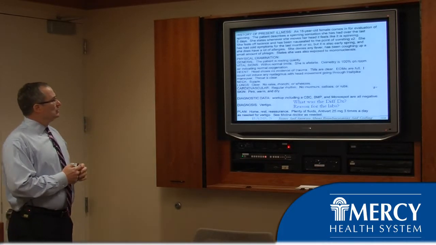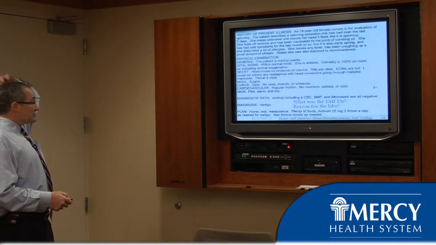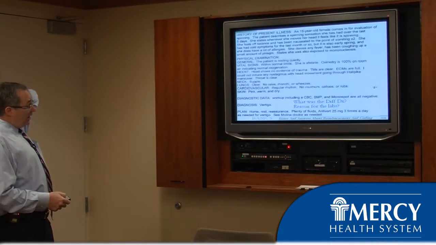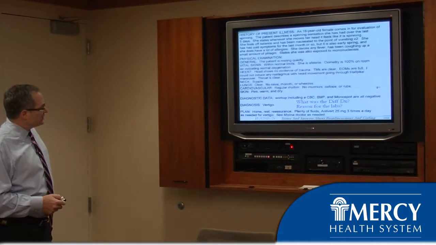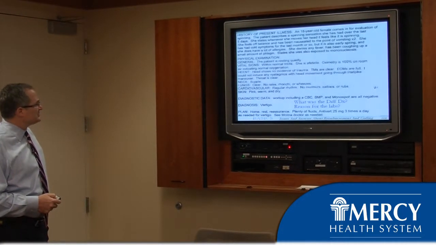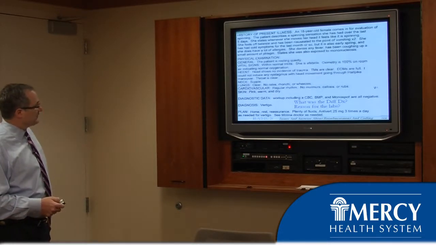So here's an 18-year-old evaluated for spinning. Her final diagnosis is vertigo. She's had it for the last 5 days. Gets nauseated to the point of vomiting twice. Does have lots of allergies. States she was exposed to mononucleosis, for whatever that is worth.